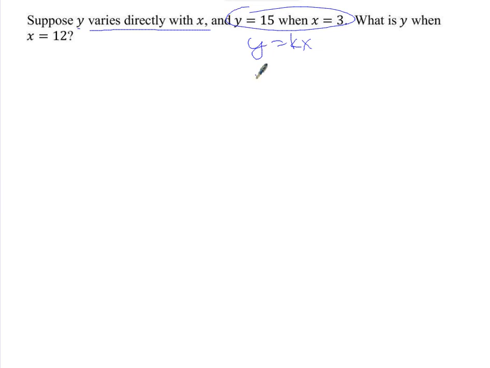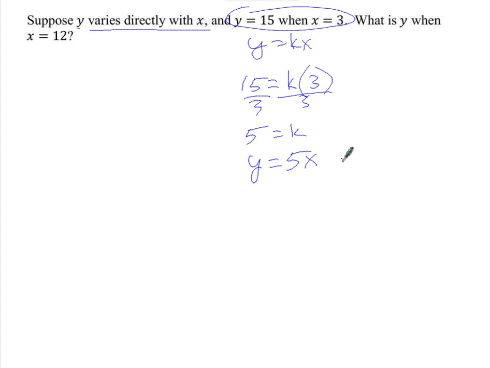I plug in what for y? 15 equals k times 3. Now what? Solve for k, divide both sides by 3, and you get what on the left? 5 equals k. Now what? Y equals kx can be rewritten now using my k. Y equals 5x. That's our equation.